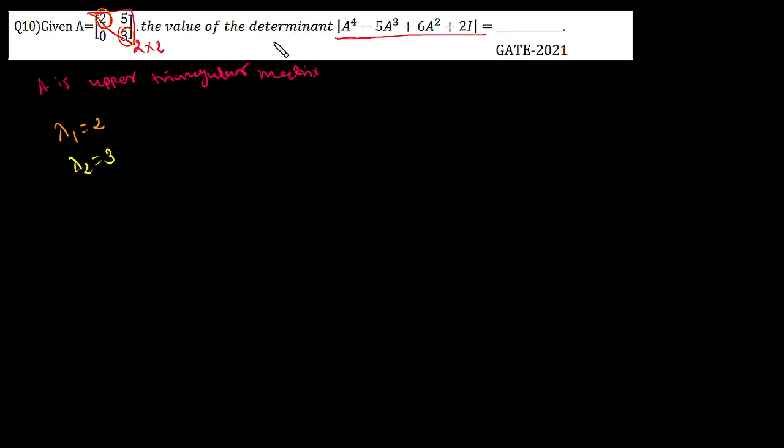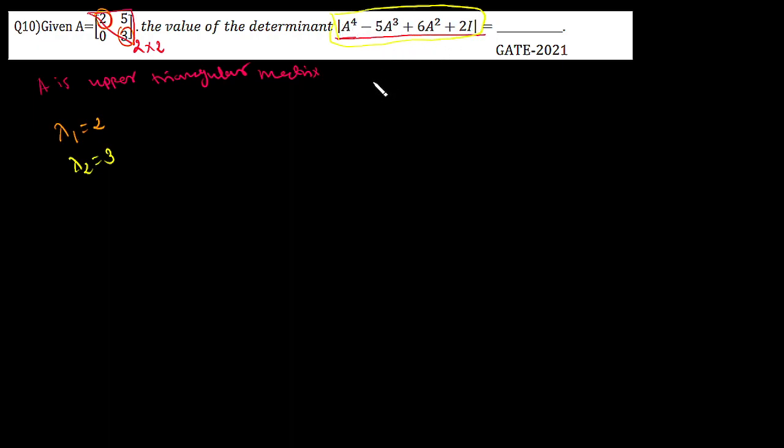So now we have found the eigenvalues of this matrix A easily with the help of the property of triangular matrices. To find the determinant of this matrix, we also need its eigenvalues. Once we have found the eigenvalues, we simply multiply those two eigenvalues and equate the multiplication to the determinant of this matrix.